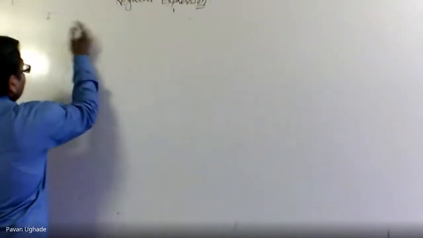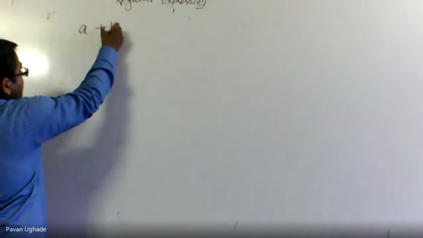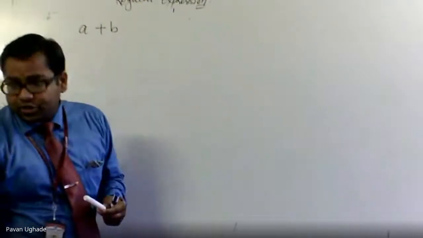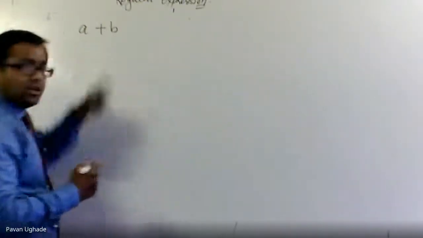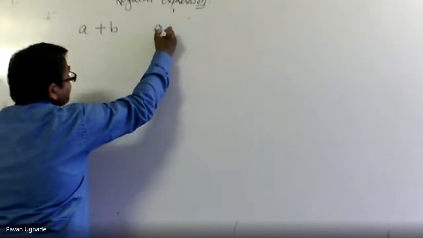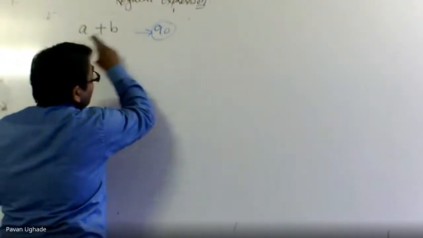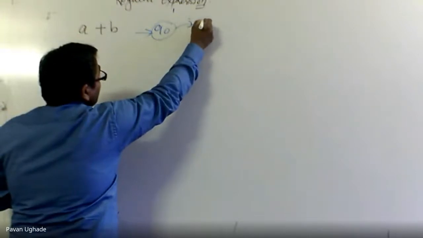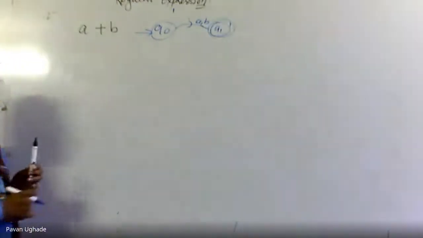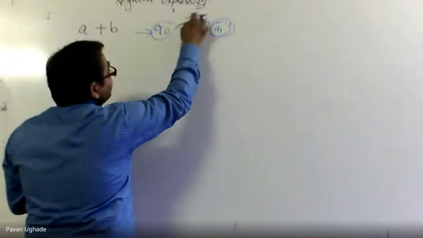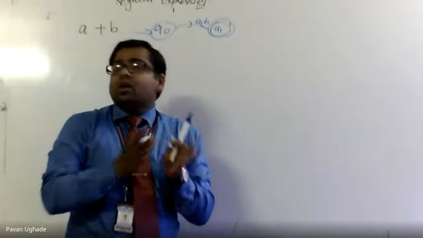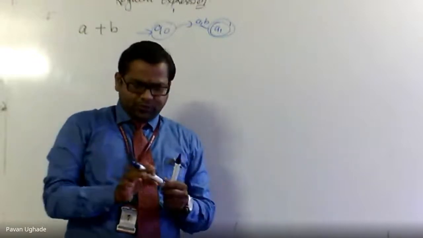The first operator is A plus B, which is read as A or B. It will accept all the strings of A or B. For this, we have designed our automata in this fashion, which accepts either A or B. This is my final state. As they are parallel paths, we can represent it using only one path. No need to give two paths.